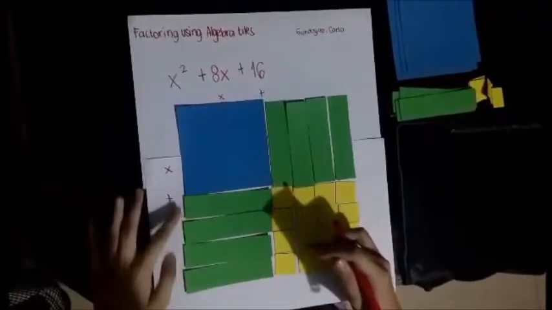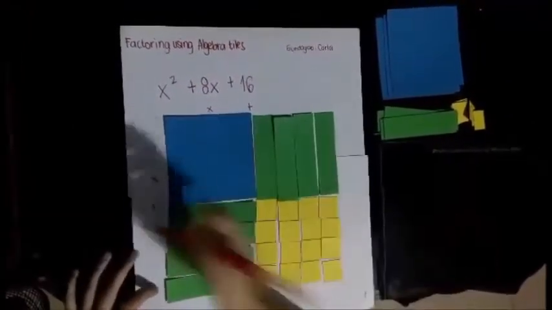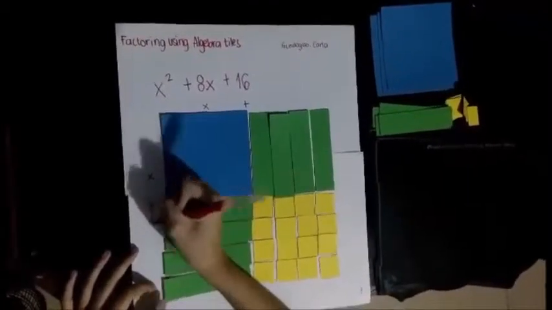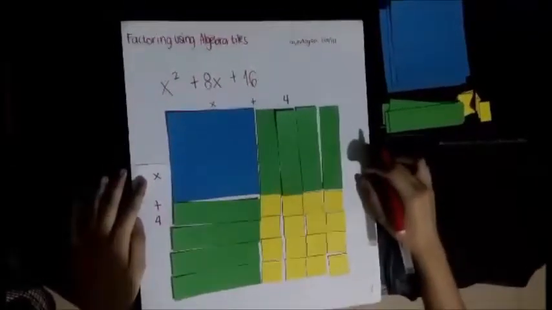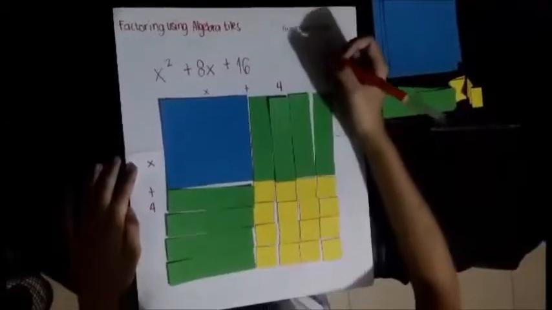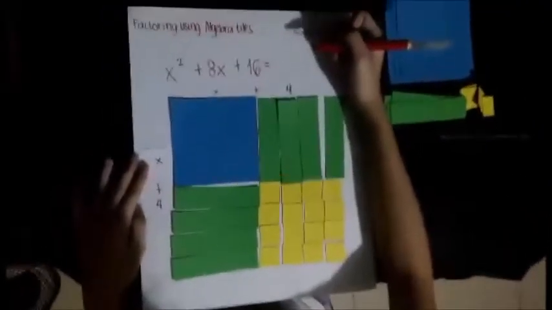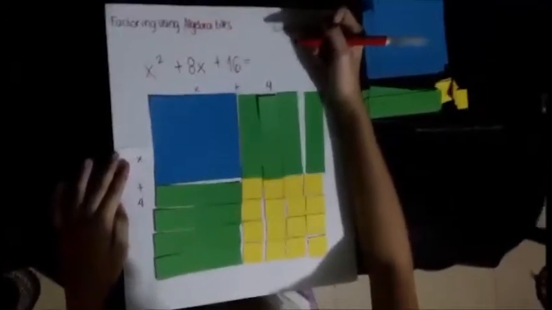So this is 1. So we're going to count 1, 2, 3, 4. This is 4. And same goes here. So now the factor of x squared plus 8x plus 16 is x plus 4 multiplied by x plus 4, or x plus 4 squared.